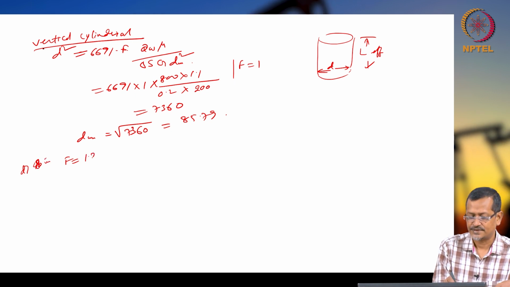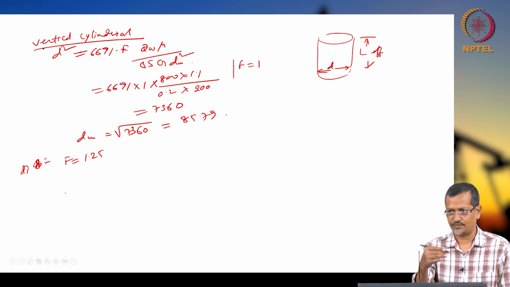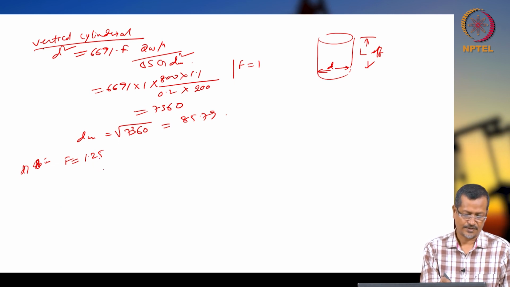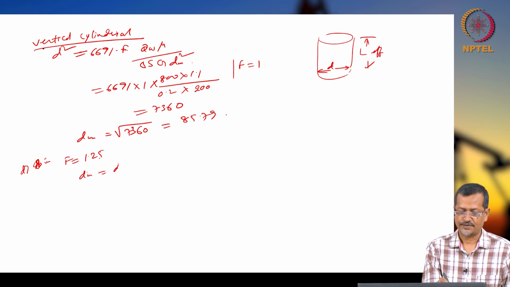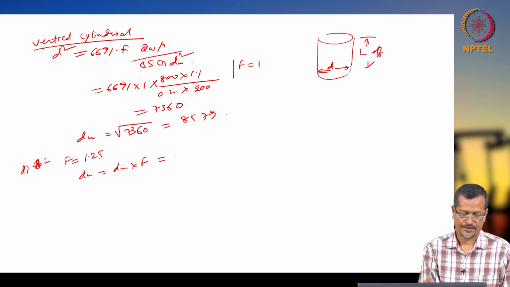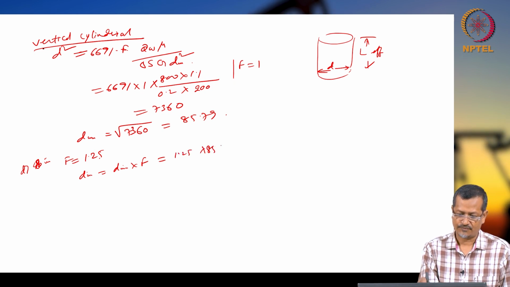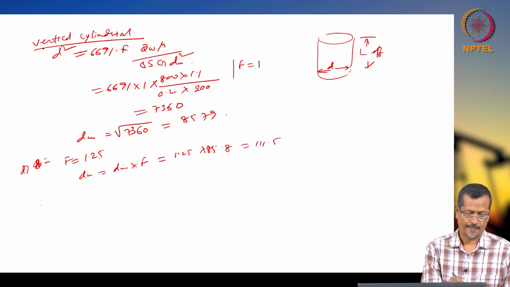F value let us say 1.25, you can take a higher value also, till you reach a certain value more than 48. Using that, they got d min multiplied by the factor. So it is coming 1.25 into 85.8, which equals 111.5.